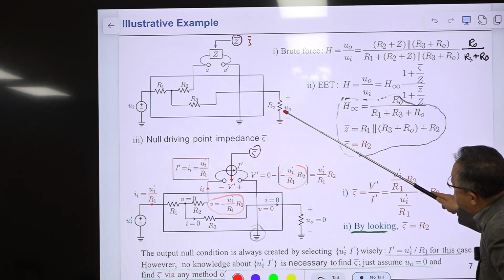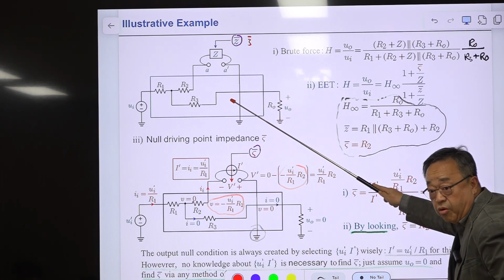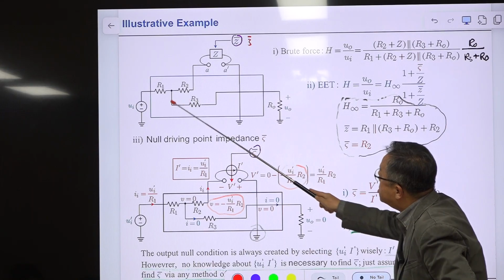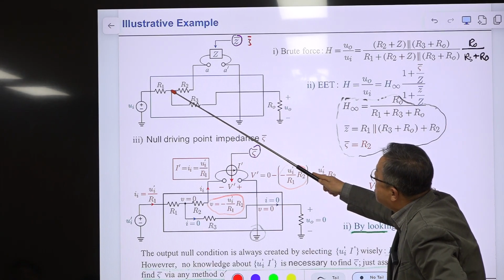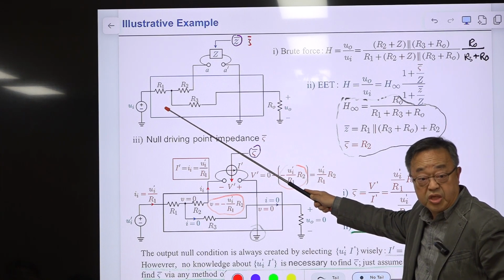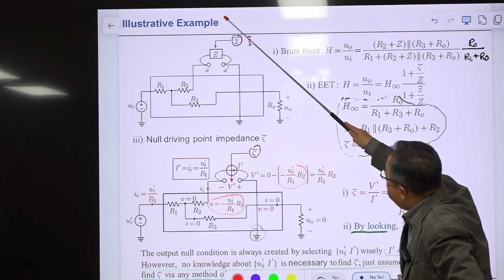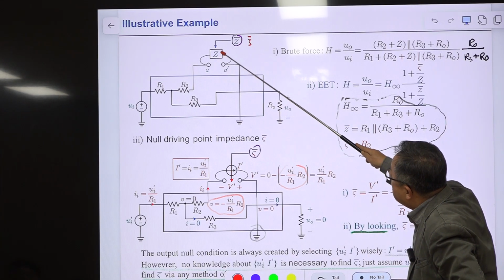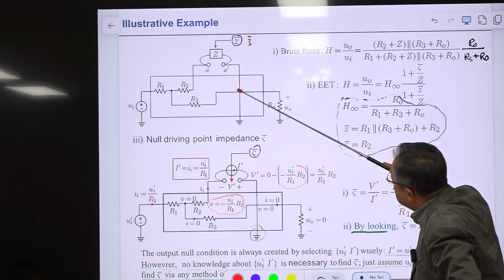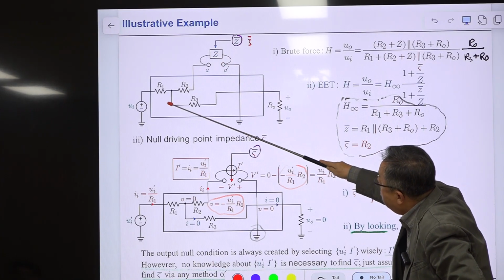Then the voltage becoming 0 means this current is 0. This current being 0 means this current is 0. Then this is 0 potential. Under this condition, looking into this slot, what you are seeing is that this point is ground and this point is ground.